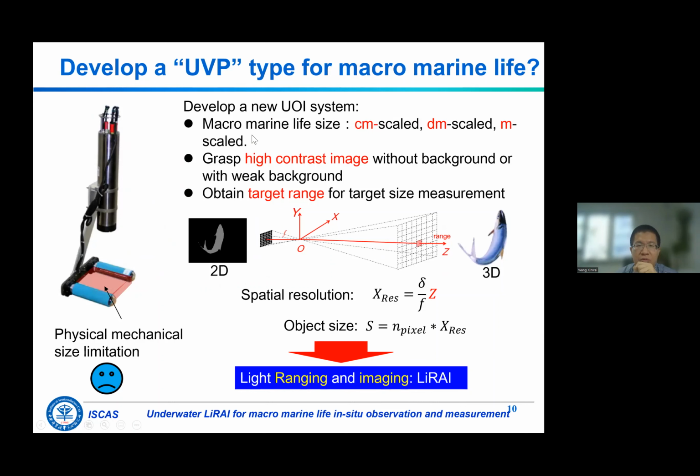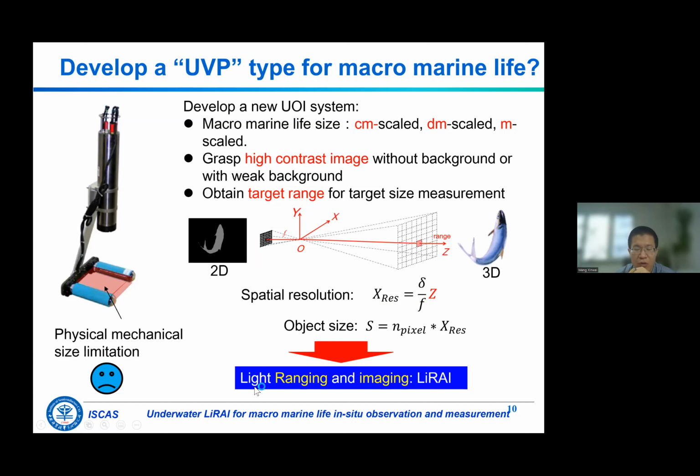It can observe macro marine life with sizes of centimeter scale, decimeter scale, or meter scale, and it can also grasp high contrast images without background or with weak background, and also obtain the range between the target and the imaging system, so one can calculate the target size.